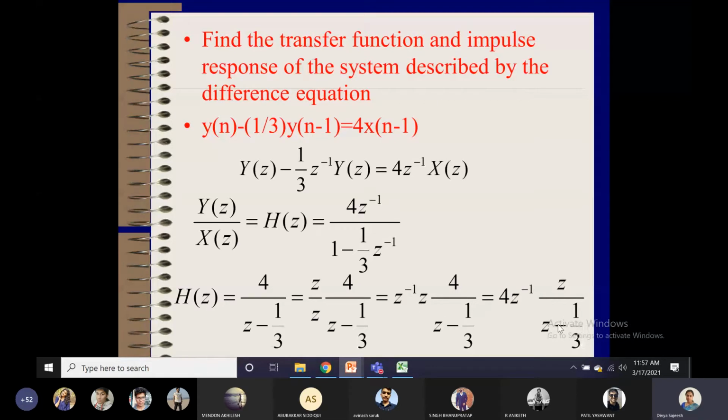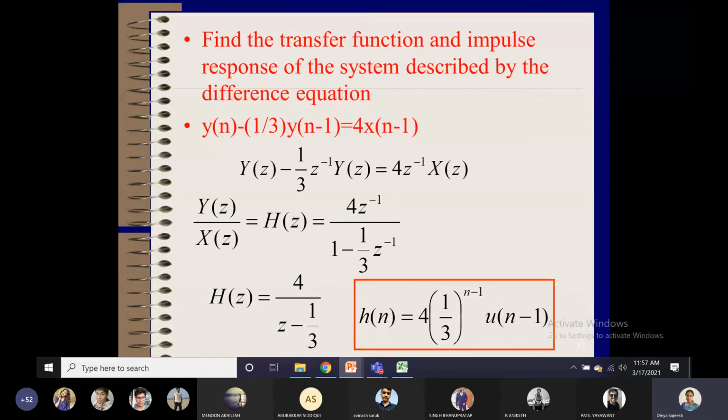Now if I take the inverse z transform, you will get h of n as 4 into a raised to n minus 1, since it is a shifted signal. So 4 into a raised to n minus 1 u of n minus 1. Here a is 1 by 3, so 4 into 1 by 3 raised to n minus 1 into u of n minus 1.